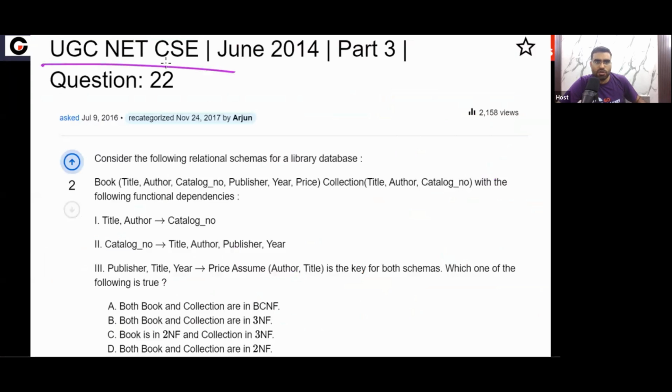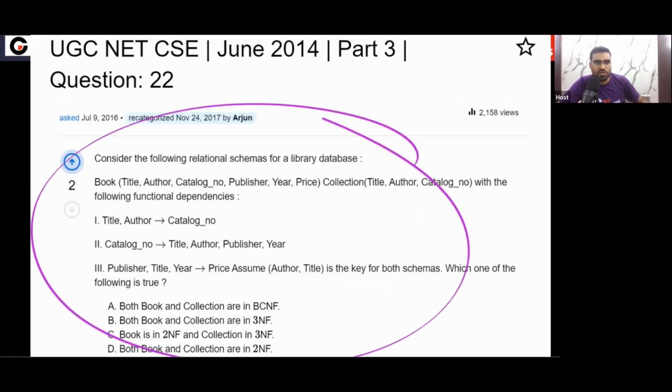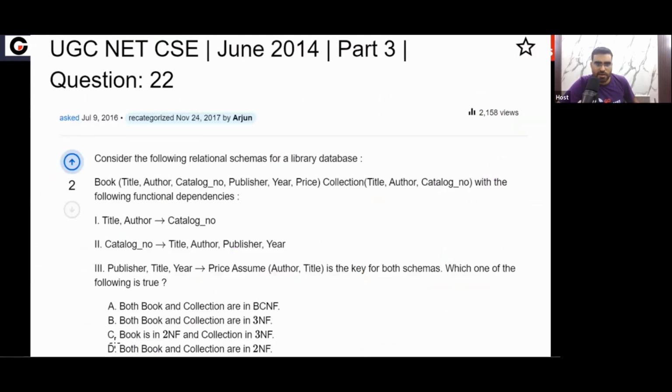Similarly, the same question came in the UGC NET exam. For this UGC NET exam question, what will be the answer? Both are in BCNF, wrong. Both are in 3NF, wrong. This is in 2NF and this is in 3NF, this is correct. Both are in 2NF. See, the UGC NET people copied the question, but they copied it wrongly.